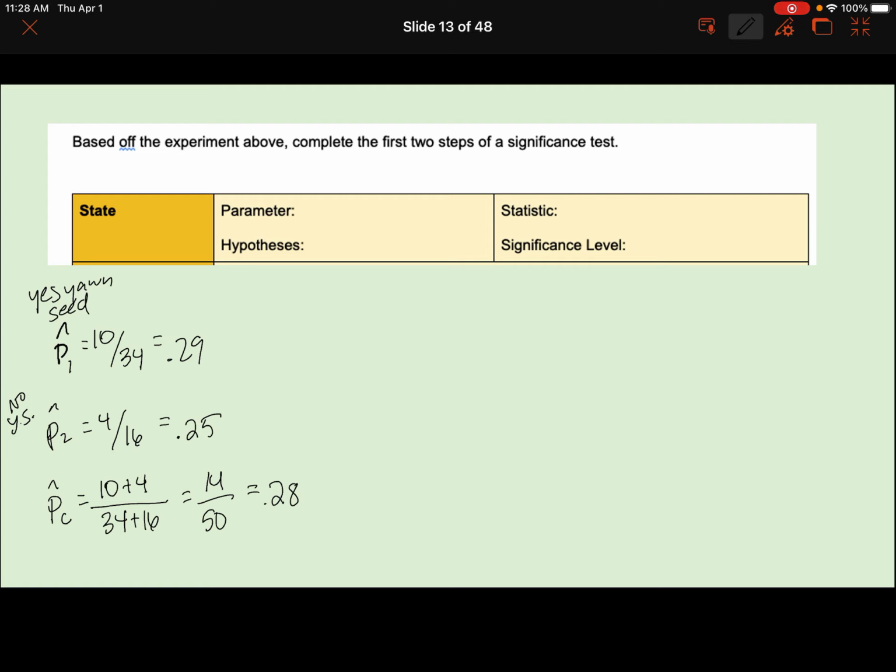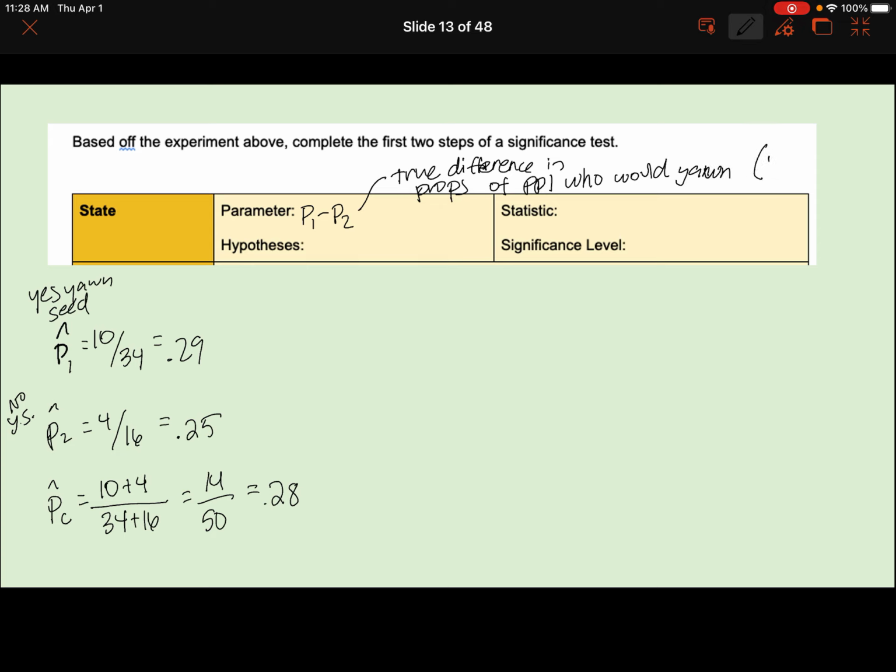Okay, so the parameter here basically is what we're trying to find. It's p1 minus p2, which is the true difference in proportions of people who would yawn. And then I'm going to say the direction as well.